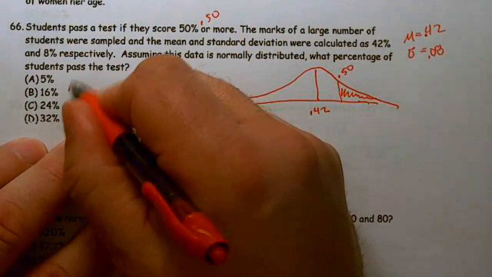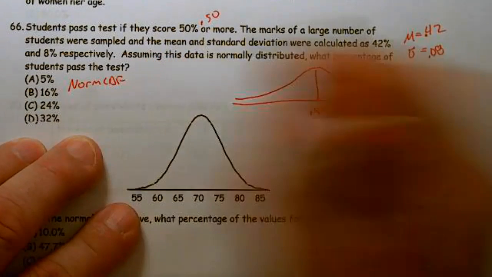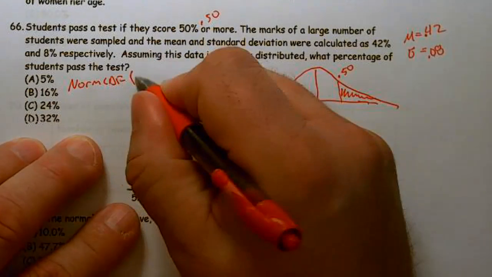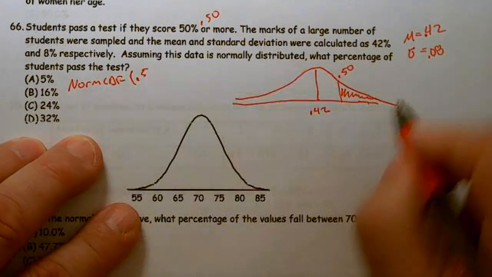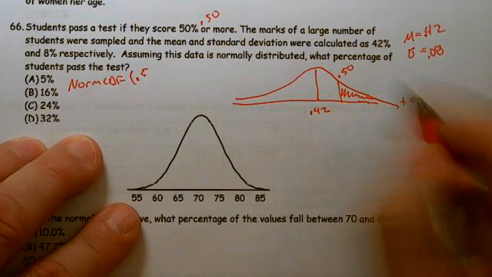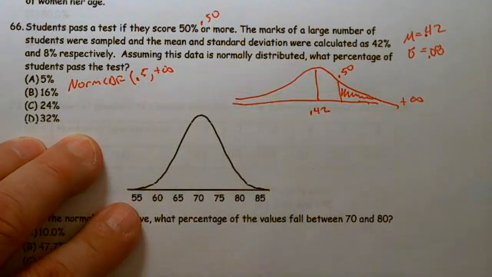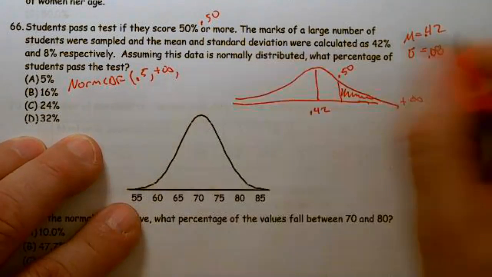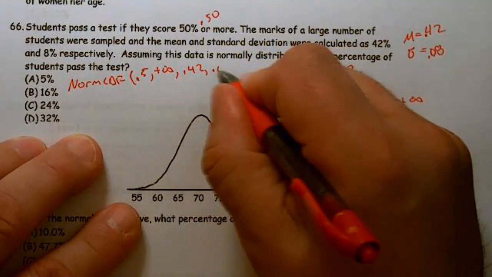So this is a norm CDF. The lower is 0.5 because that's the lowest part of the shading. This goes all the way to positive infinity, which is the positive 99999. The mean is 0.42, and the standard deviation is 0.08.